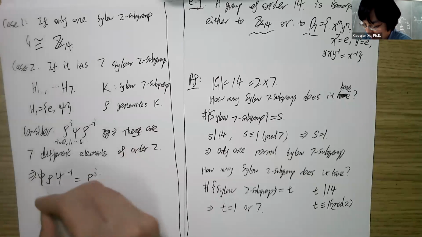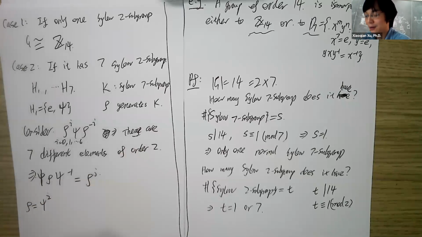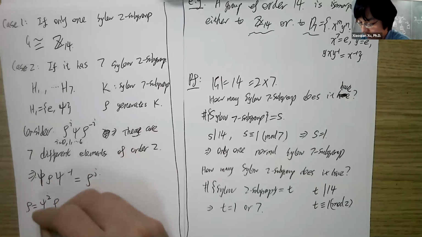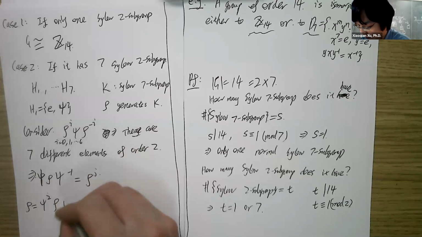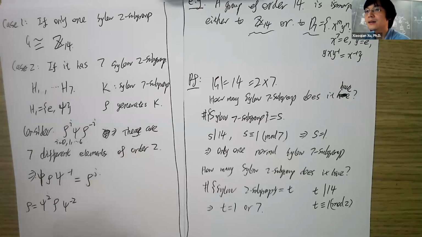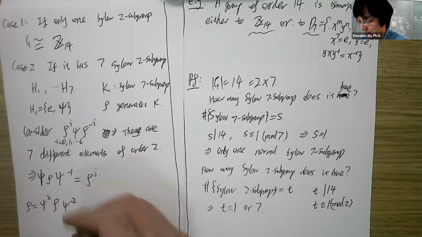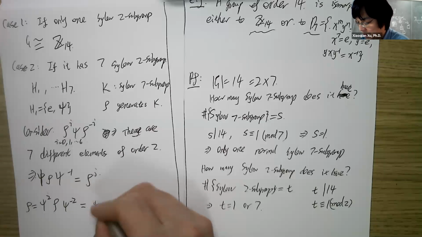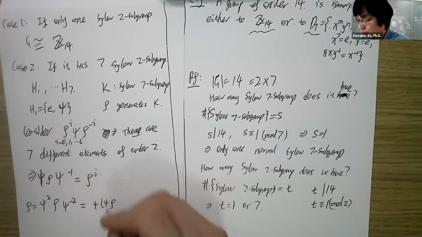Well, let's consider this one. Rho equals, because C square equals 1, let's consider rho, write it as C square rho C to the power -2. It equals, you take the conjugate twice.